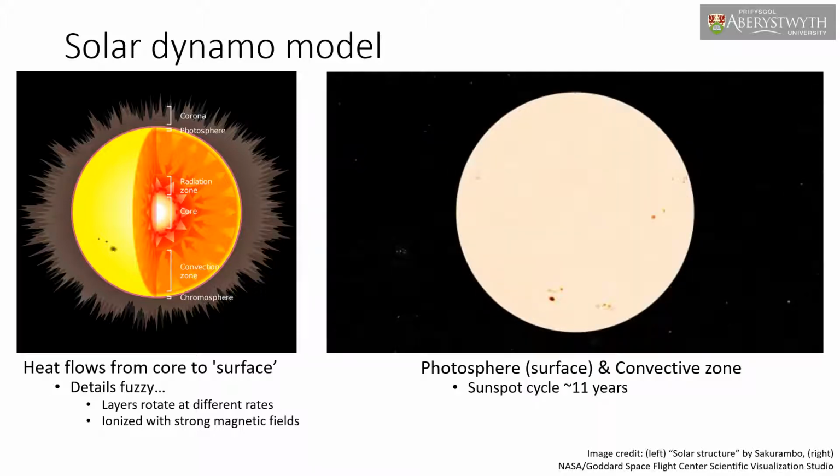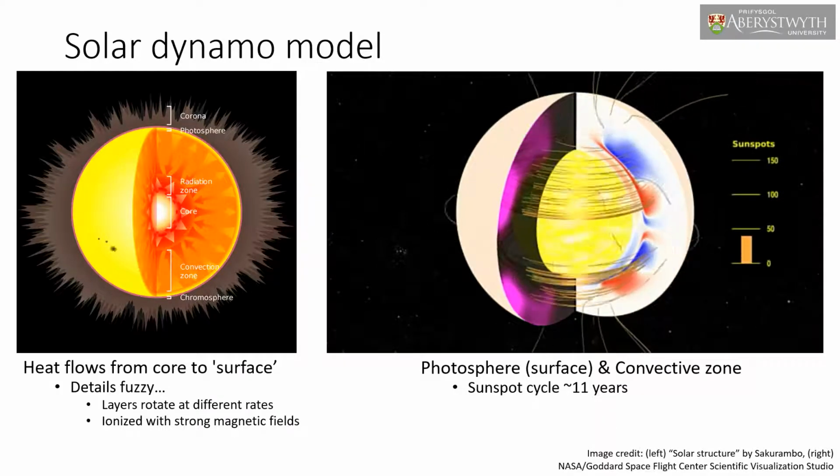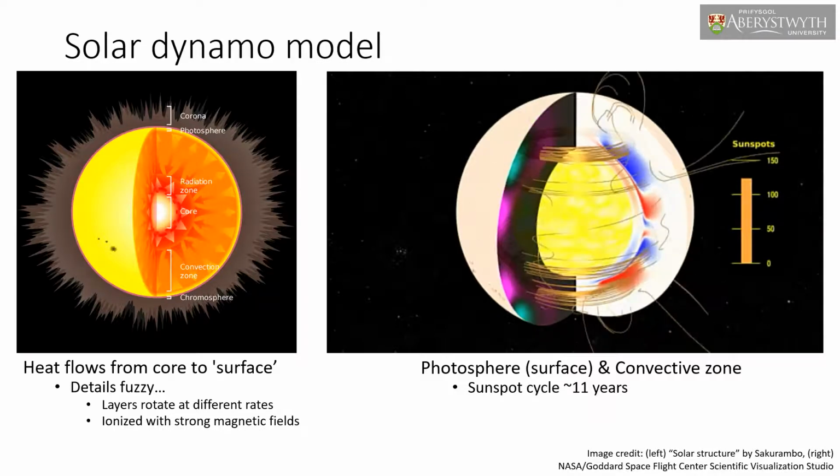It might look solid at first, but it still flows like a fluid, unlike the surface here on Earth. It quickly becomes obvious that these fluid layers rotate at different rates, while also being conductive due to the high temperature and ionization.